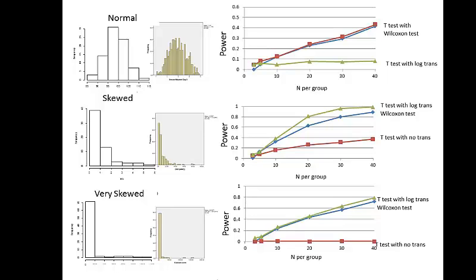So comparing the three methods, what do you choose? As statisticians, based on this, we choose the non-parametric test, because using non-parametric tests we don't lose much power even when the data are perfectly normally distributed, and the power gain is tremendous, especially when the data are skewed.